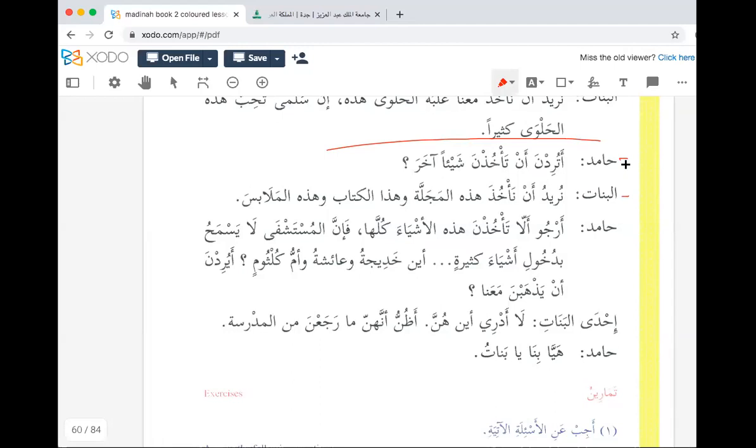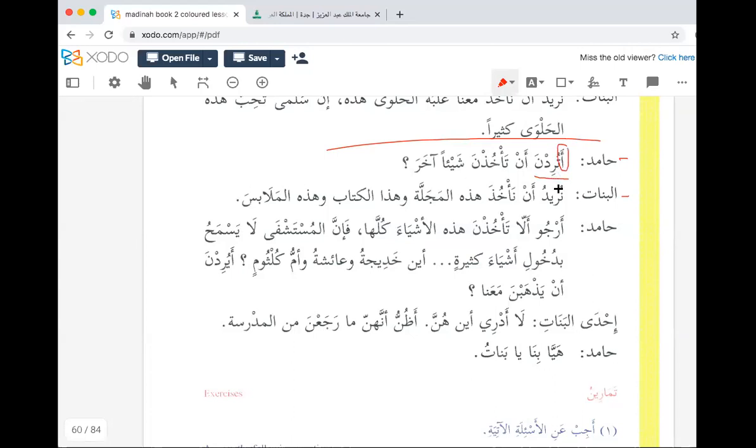بسم الله الرحمن الرحيم. حامد أتريدنا أن تأخذنا شيئا آخر. Okay, over here, أتريدنا. So this is a su'al, question, because of the Hamzat al-Istifham.